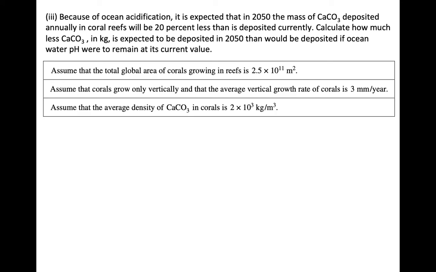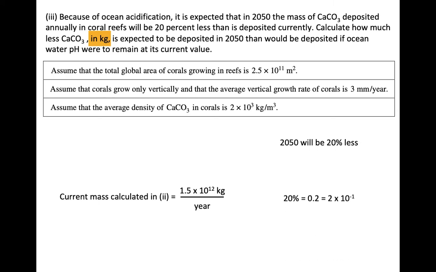And so here, again, we're focusing on kilograms. And so if we want kilograms, we really want to think about what we just did in part 2. In part 2, we calculated the current mass. So if we want to predict what's happening in 2050, we want to use this information that's being provided. It says 20% less. So we want to find 20% of what we calculated for the current mass.